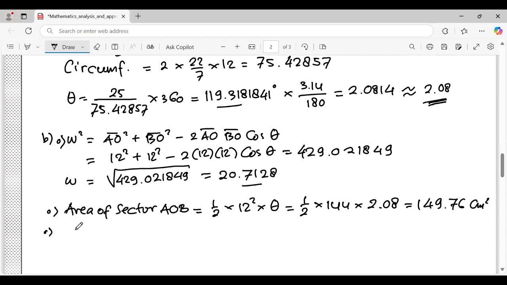The next step is the area of triangle AOB.